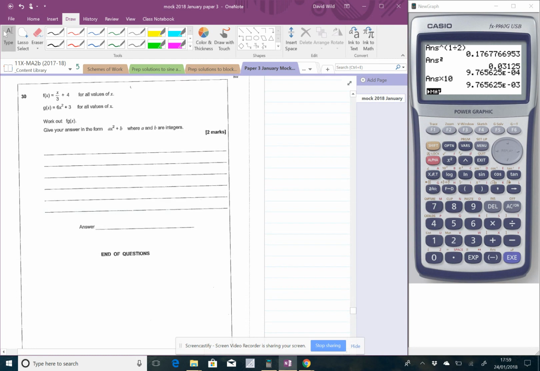Question 30. We've got two functions, f of x and g of x. And it tells us to work out f of g of x. This is the composite function. It is not multiplication. Okay? You might prefer to read that as f of g of x, like that.